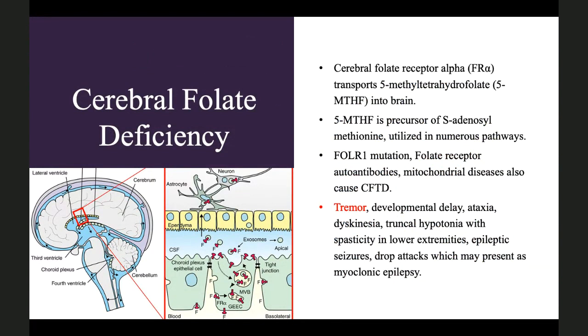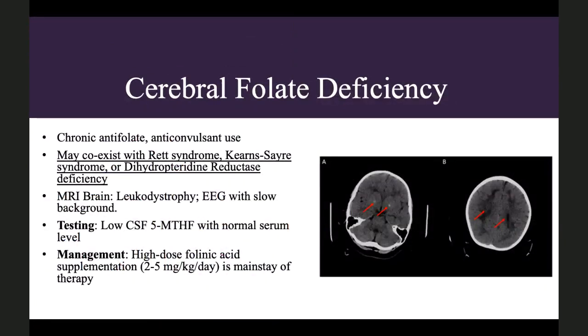So cerebral folate deficiency can occur from the receptor mutation, from autoantibodies against the receptor, and mitochondrial diseases. It can present as a tremor, developmental delay, ataxia, dyskinesia, and truncal hypotonia. We can also see epileptic seizures and drop attacks in this condition.